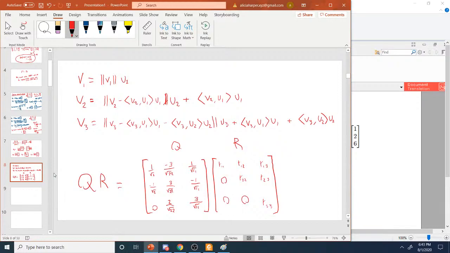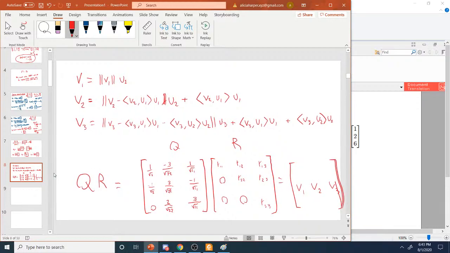And the question is, what are these R's? It becomes a matter of interpreting them, because we know that this matrix right here is equal to the matrix V1, V2, V3.